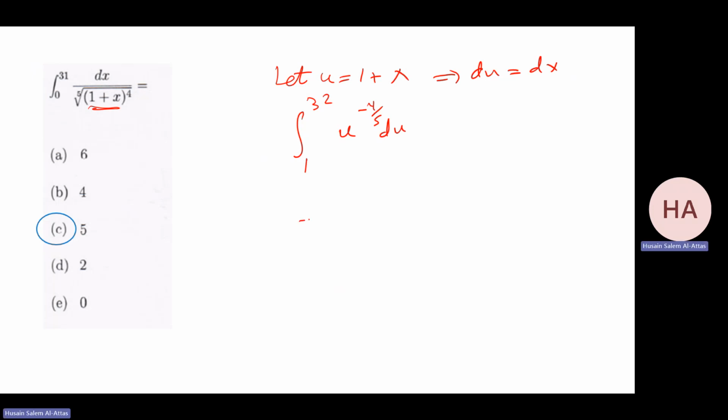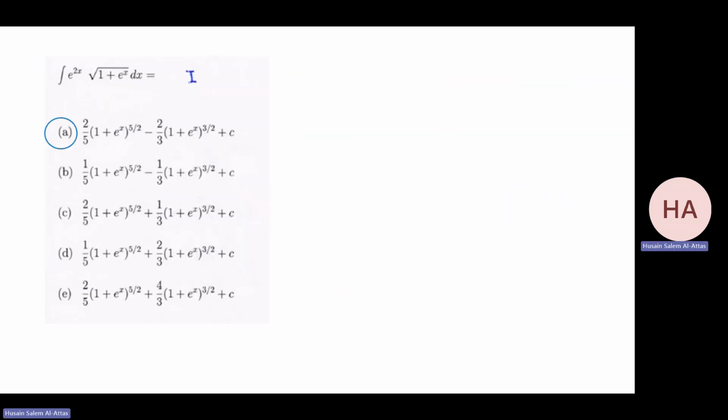That integral will be what? You add 1, that will be 1 over 5, so it will be 5 u to the 1 over 5 from 1 to 32. That will be 5 times the fifth root of 32, which is 2, minus the fifth root of 1, which is 1. That would be 5, which is this one. Easy one.